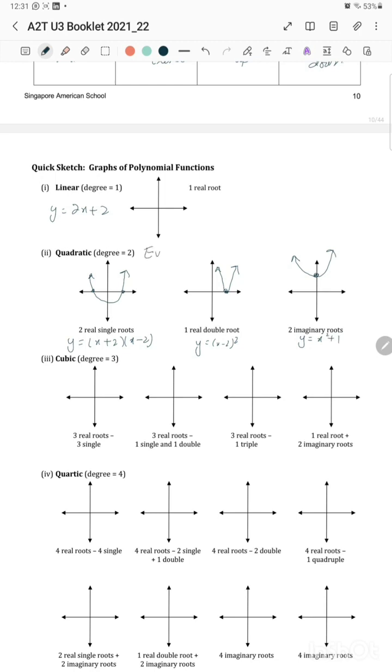A quadratic function is an even degree function. Cubic is an odd degree function. It has three single roots. Three single roots means x plus 3, x minus 1, x minus 2. Three real roots, one single and one double: this one is a double root, this is a single root.